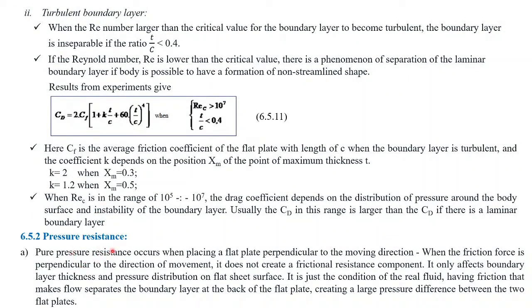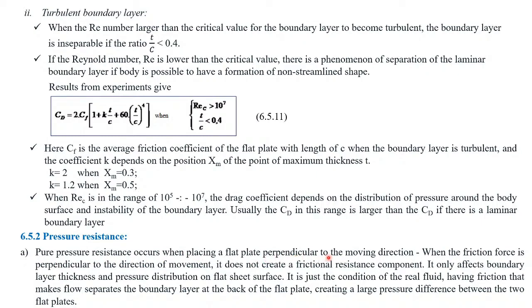And pressure resistance. This is the second kind. The first kind is the friction drag, and the second kind is pressure resistance. That means the drag due to the pressure. Pure pressure resistance occurs when placing a flat plate perpendicular to the moving direction.